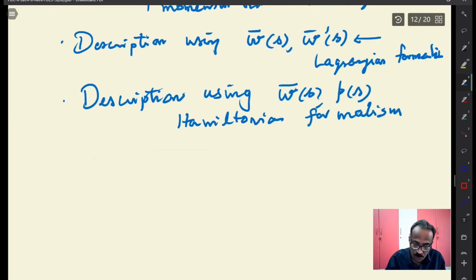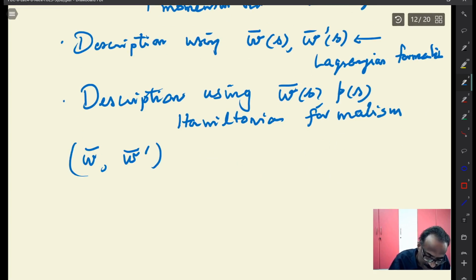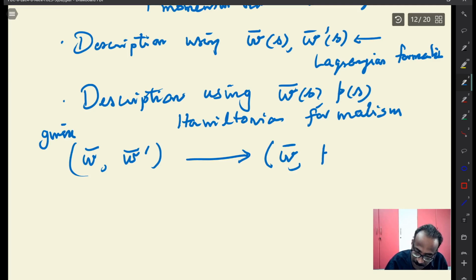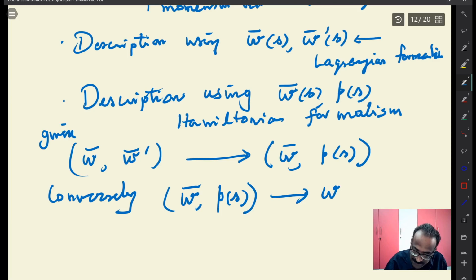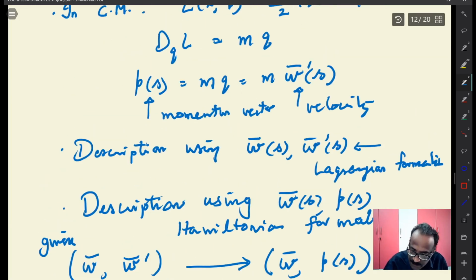If you are given W bar and W bar prime, you can compute the position, which is already there, and P. And conversely, in the other formalism, suppose W bar and P are given, then you have W bar and you can solve this equation.